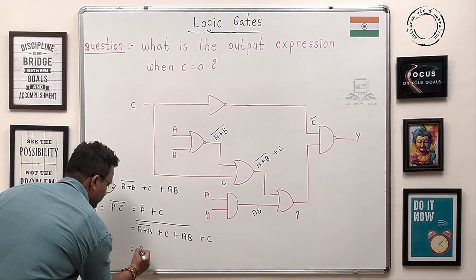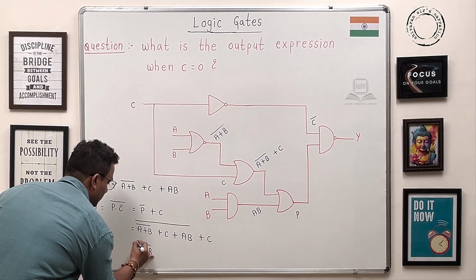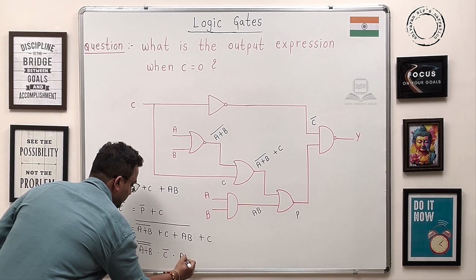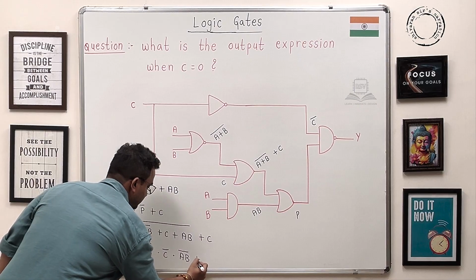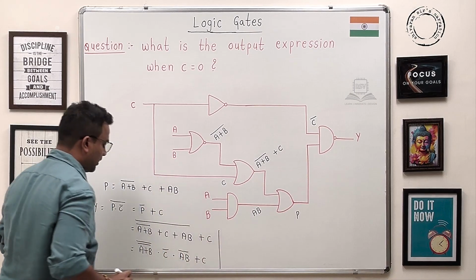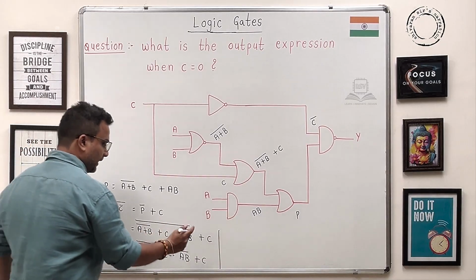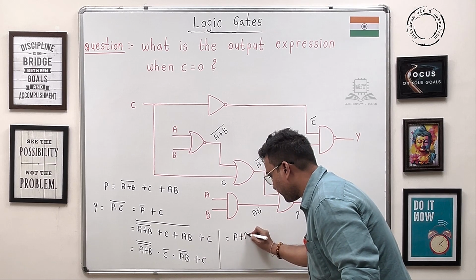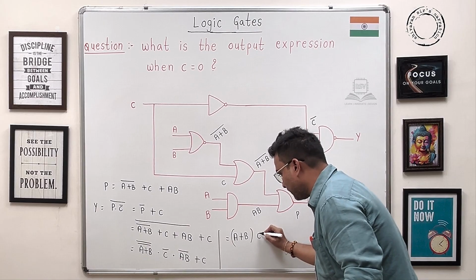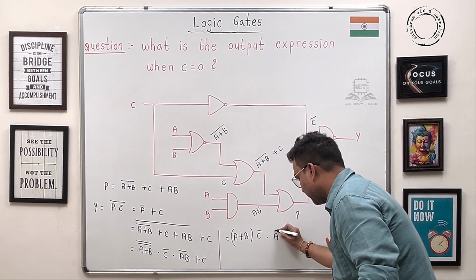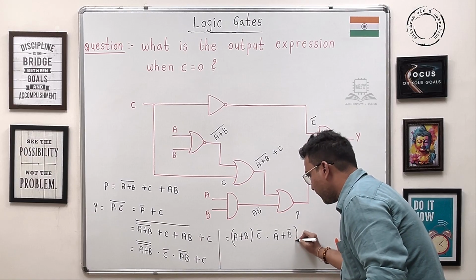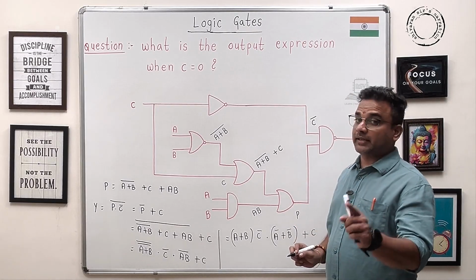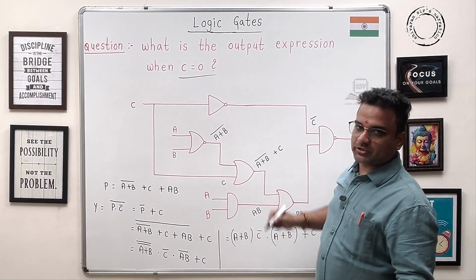Now guys, by using De Morgan's theorem, we get ((A plus B) whole bar) whole bar into C bar into (AB) whole bar, plus C. Okay guys, now if you expand this expression, you'll get (A plus B) into C bar into (A bar plus B bar) plus C. Now in the design there is a requirement, that C is equal to 0.